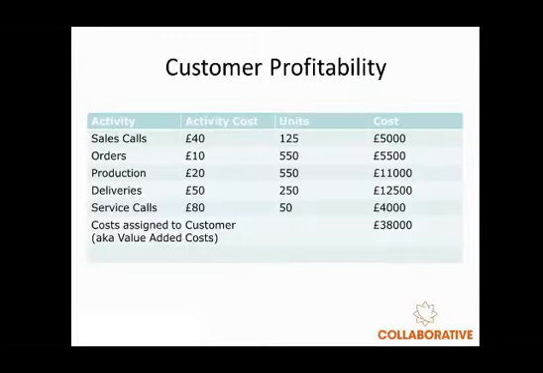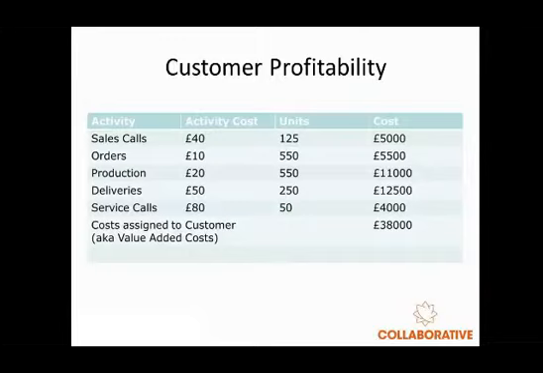I've been working out a cost per activity within this organisation, and in order for the customer to receive what he or she wanted, we've had to do some sales calls, we've had to process orders, produce and deliver those orders, and provide service calls after. And I've worked out an activity cost for each of those, giving us a total cost of that customer of £38,000. Now they are what I call value added costs. They actually help us to service the customer to the level that he or she requires.